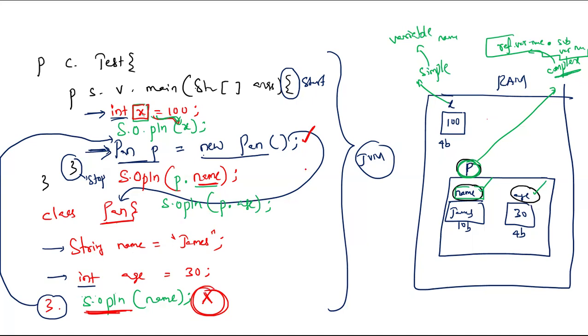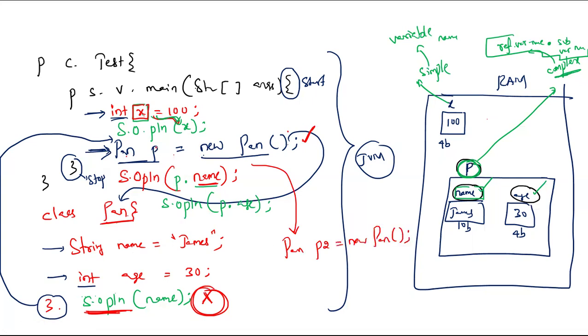Anybody knows? Any number of objects we can create. For example, Pan p equals new Pan is already one object for this Pan class. Now, because of no space, I'm writing here: Pan p2 equals new Pan parenthesis semicolon.